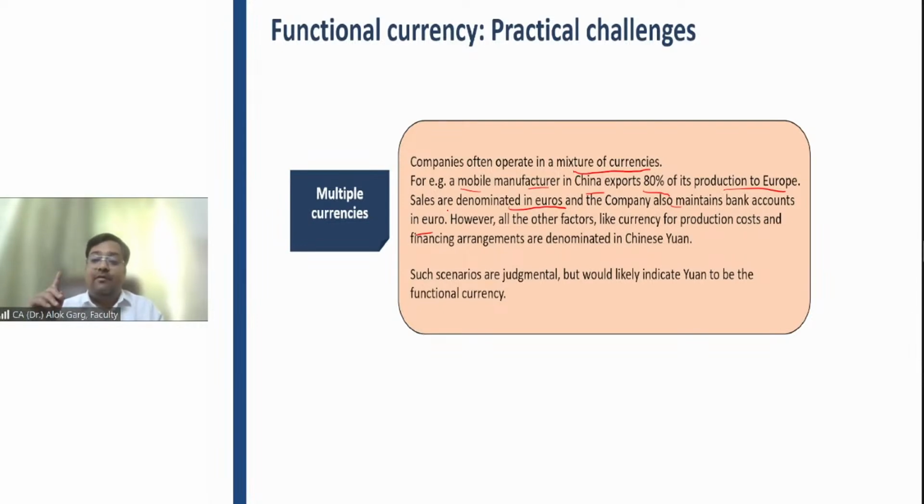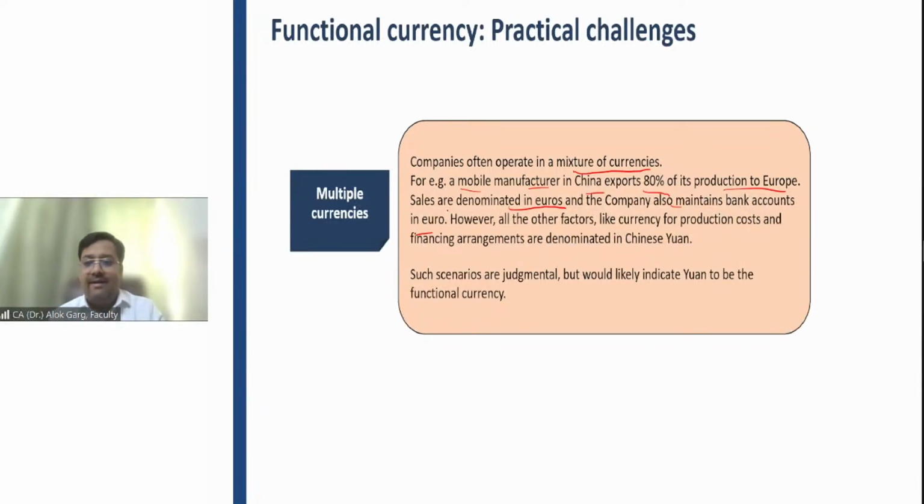So 80% of the export for this Chinese company is into Europe, right? Sales are in euro, and the company also maintains a bank account in euro, because their major customers are in Europe, they are sending the money in euro, right? So they are maintaining the bank account in euro.